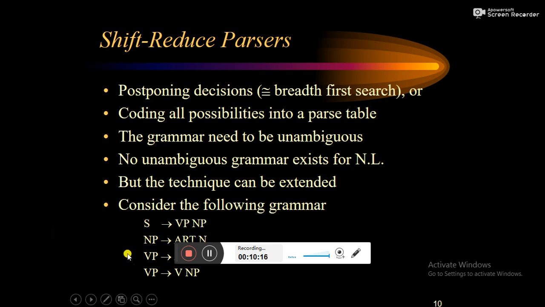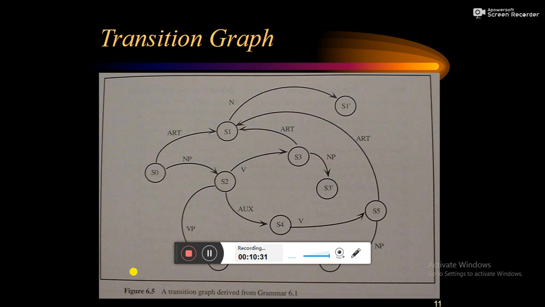So if we consider this set of grammar: S gives NP VP, NP gives article noun, VP gives auxiliary verb NP, and VP gives V NP. If these are the set of CFGs to be considered for parsing, it constructs the transition graph based on the given set of CFGs, wherein the state transition graph is shown.